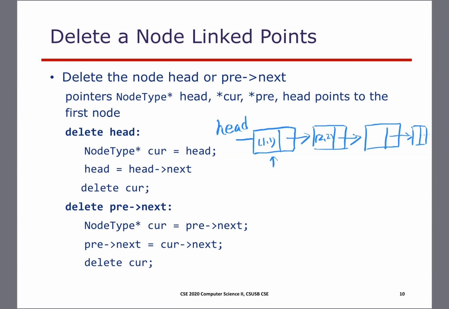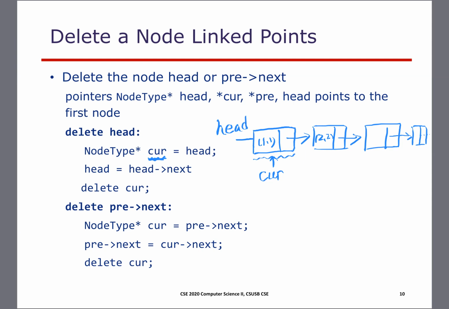If we want to delete the first node, we need another pointer, current, besides head. So we set current equal to head. This pointer points to the first node in the linked structure. Now we want to delete this node.